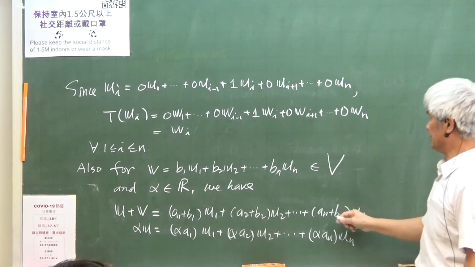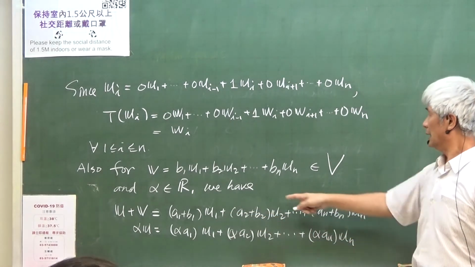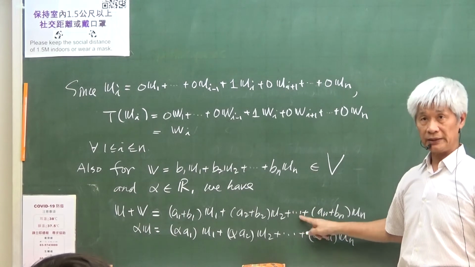As linear combinations of u1, u2 up to un, they are unique.